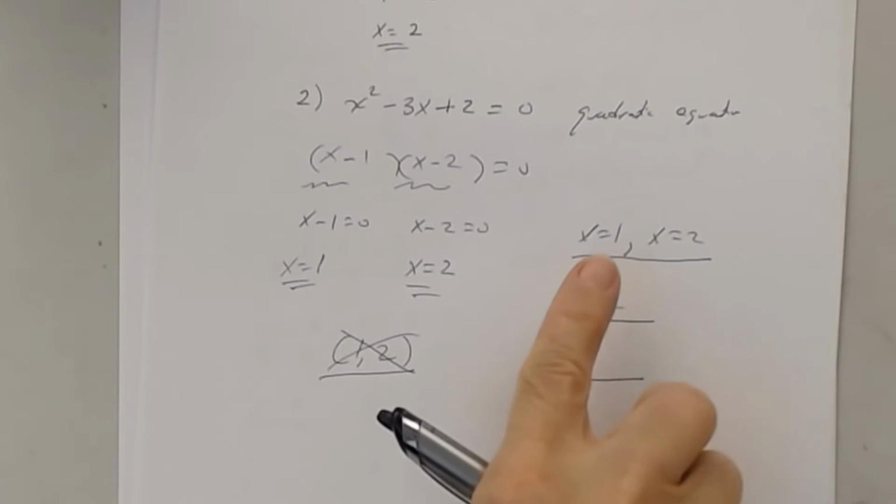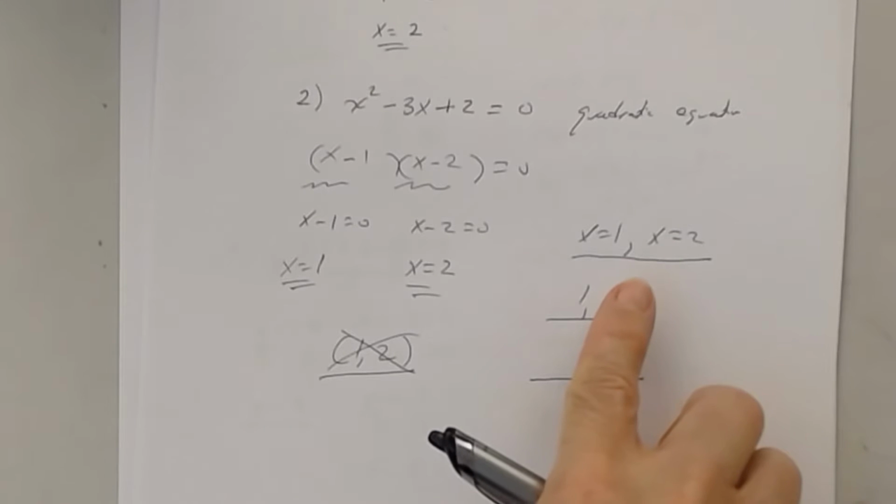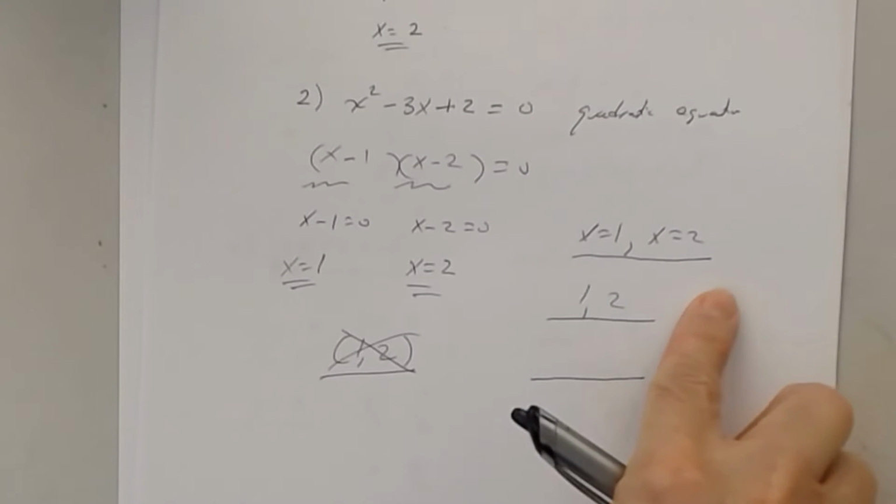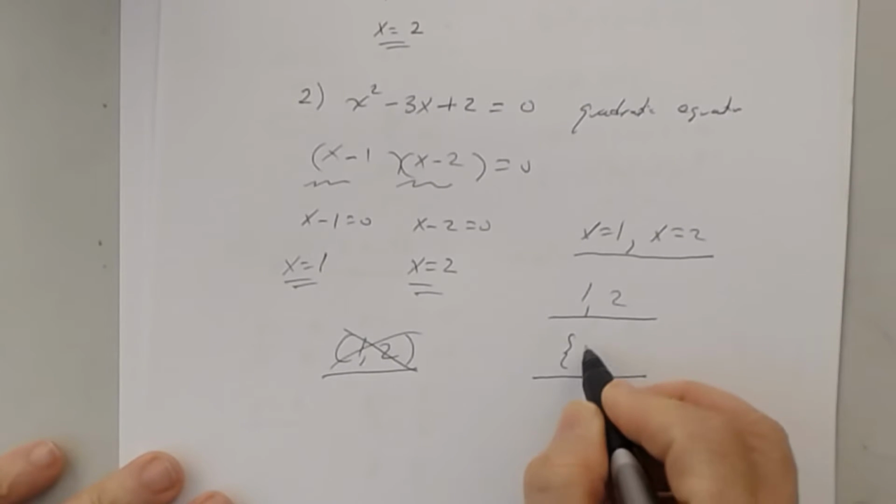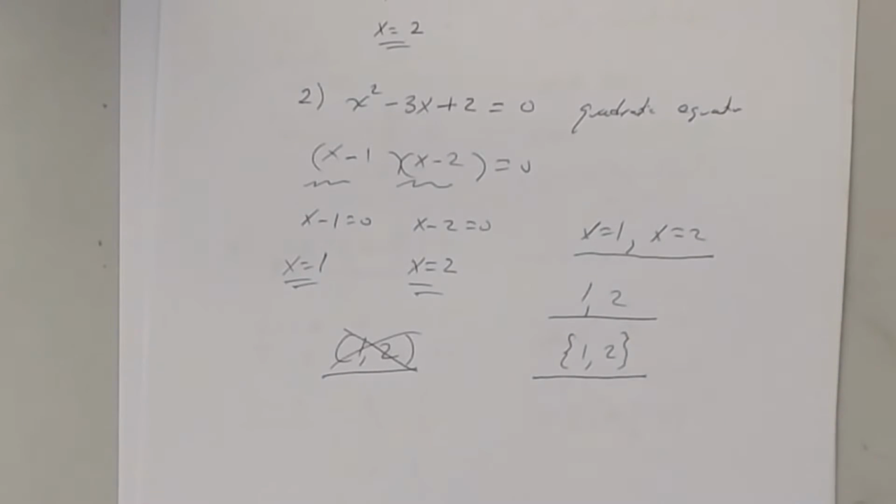So my solutions is what set? The set of 1 and 2. Okay, so those are all different ways of writing the answer on the test, but do not put it in parentheses.